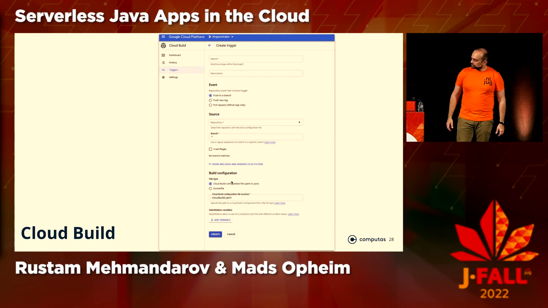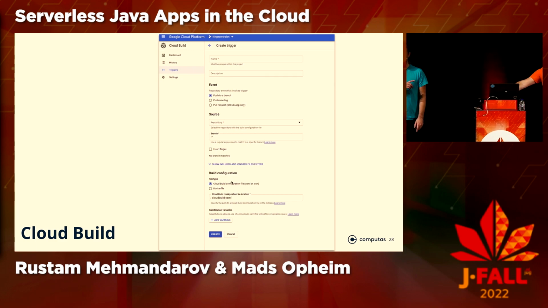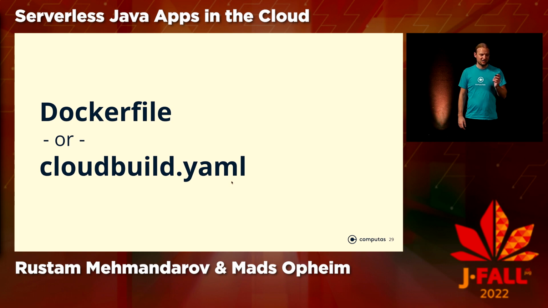Yeah, one thing worth mentioning on the screenshot is you can see the part where it says build on push, right? So whenever I do git push to GitHub, Cloud Build picks up that one and starts a new build without me having to do anything. It's really comfortable. But as Rustam said, you can do this in several ways. Cloud Build lets you configure your builds in two ways. You can use the Dockerfile, which we already talked about.